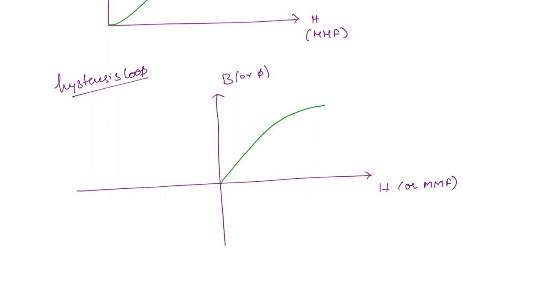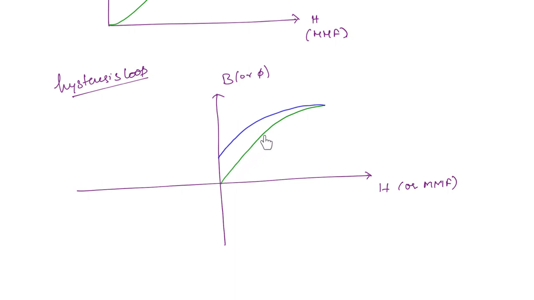But some of the magnetic dipoles are not going to go back to their original state even after the MMF is removed. So even if MMF becomes 0, there will be some amount of residual flux left out. If you decrease the MMF, this is how it is going to come back.